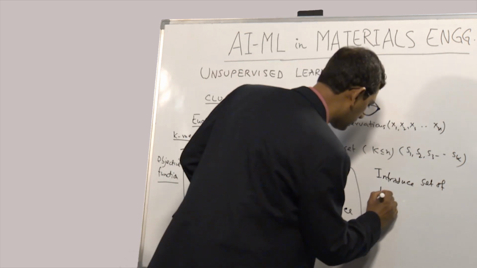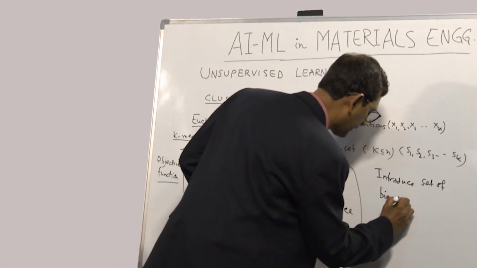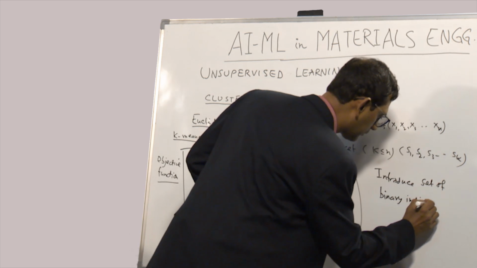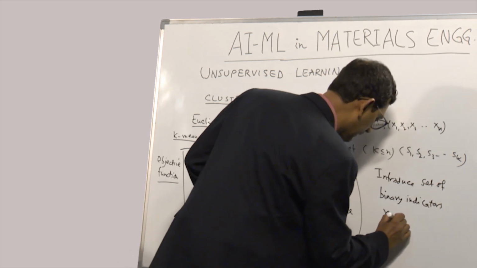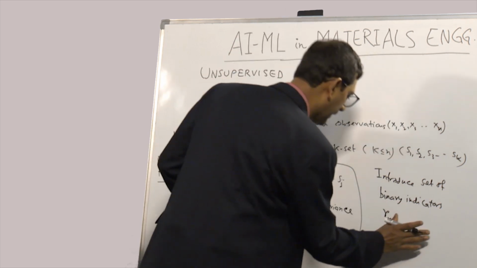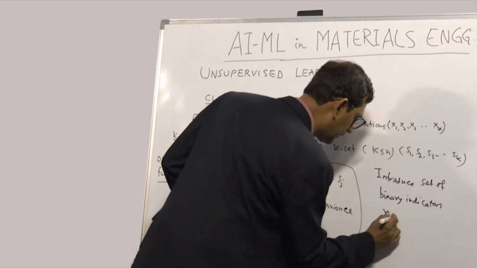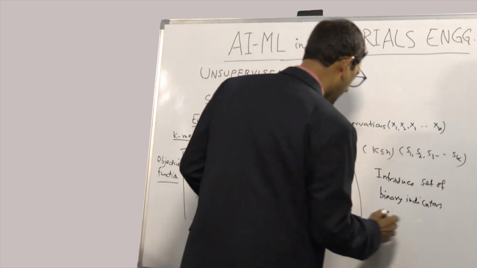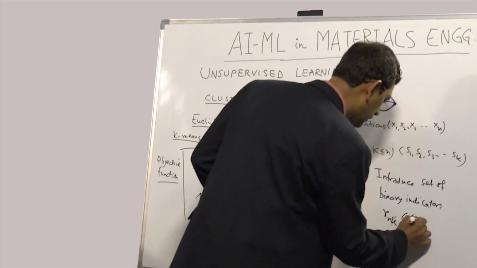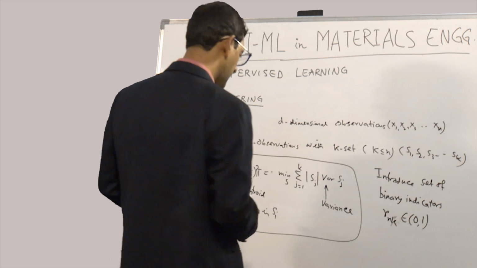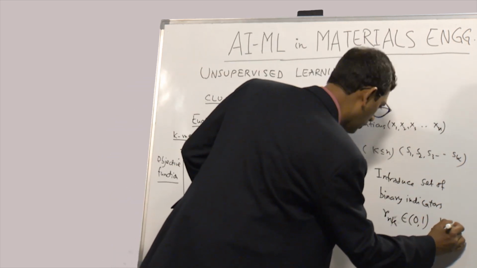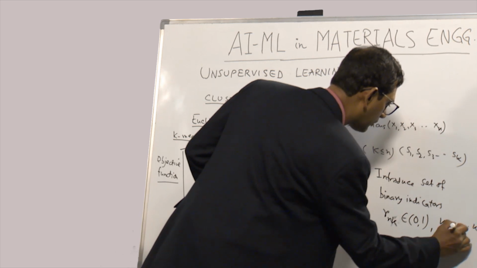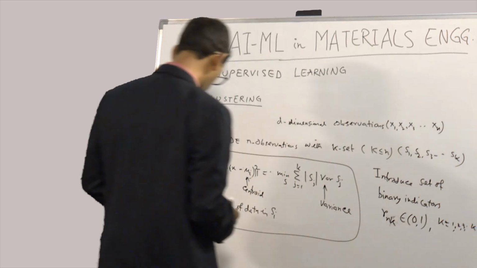Binary means 0 and 1, right. We call this R_nk, not d, d is different, k we are using, and this can be only either 0 or 1, and k can go from 1 to K, right, 1, 2, 3, up to K.